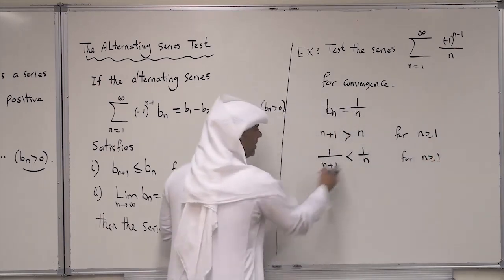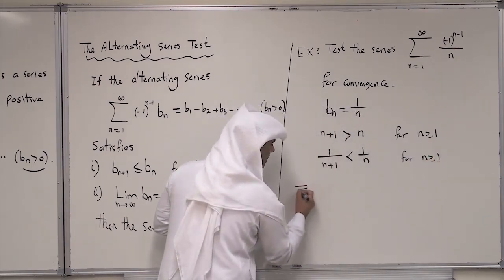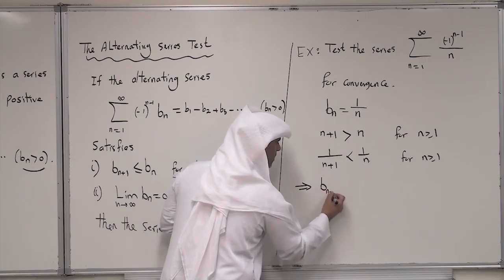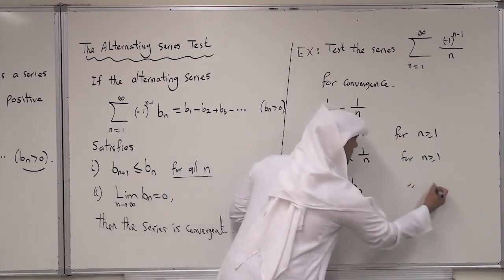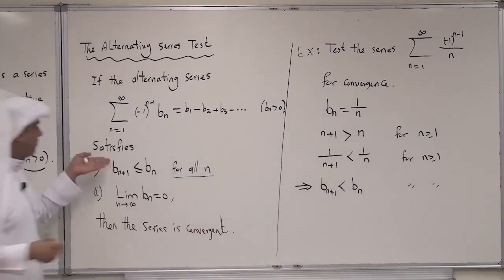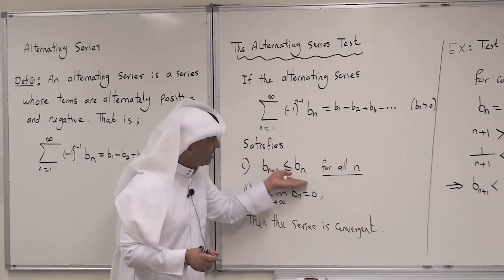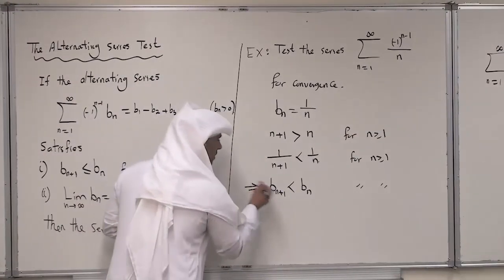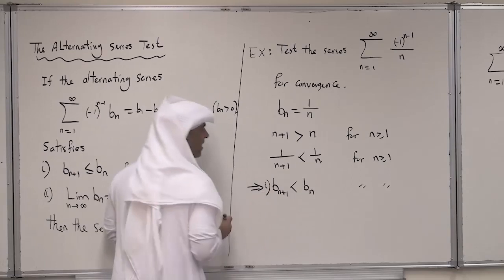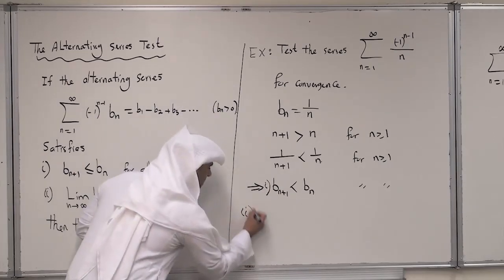This implies bn+1 is less than bn, which is true for all n greater than or equal to 1. So we have the first condition, that bn+1 is less than or equal to bn. The first condition here is satisfied. The second condition: what is the limit? We need to check this.